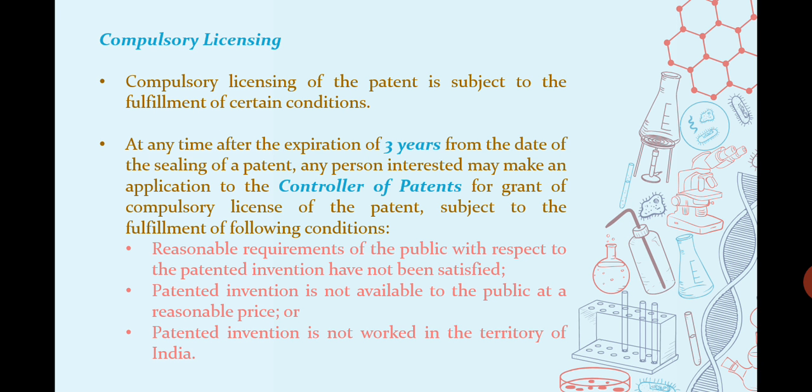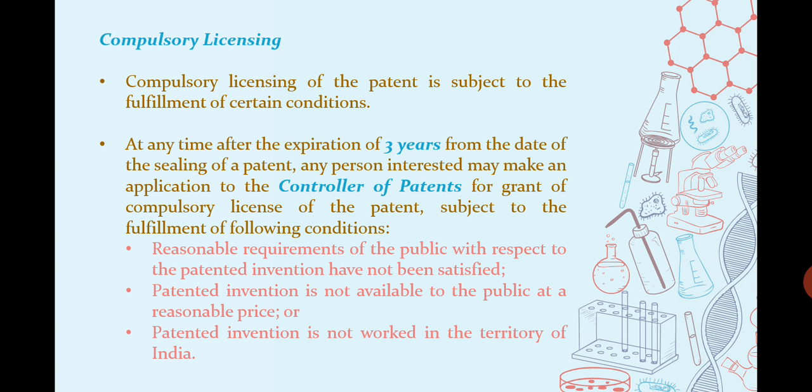Curbed in the sense limited. Now, this is something which the government of India has got authority to do. Upon an application which is received by the controller of patent after the expiration of 3 years from the date on which the patent was granted, the compulsory license can be obtained.